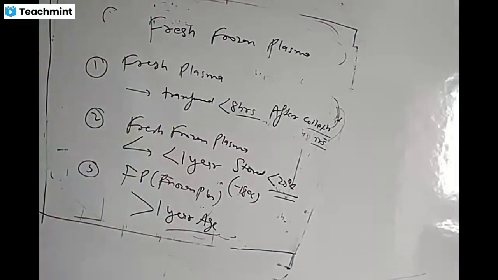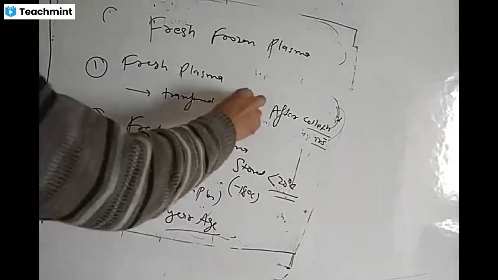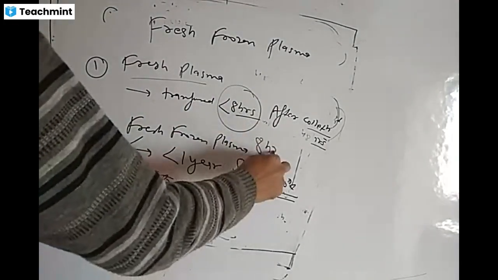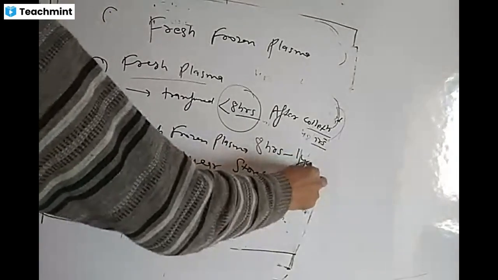So these are the three terminologies: transfusing within 8 hours is fresh plasma, from 8 hours to 1 year is fresh frozen plasma, and frozen is plasma of more than 1 year of age.